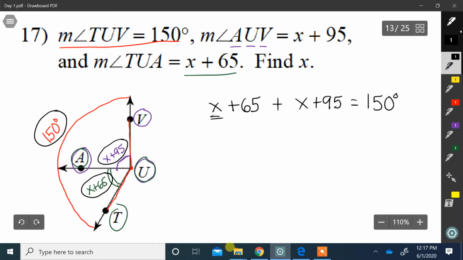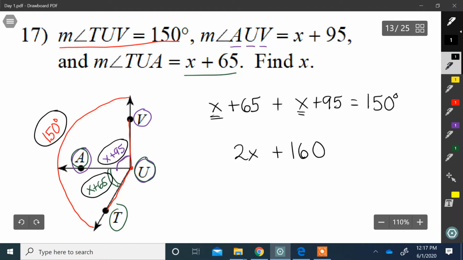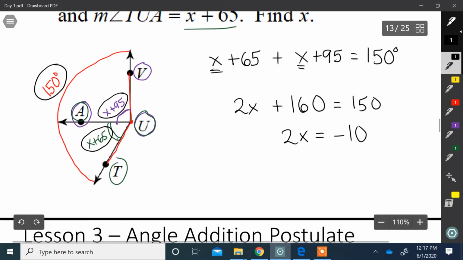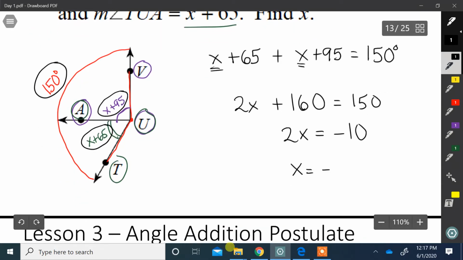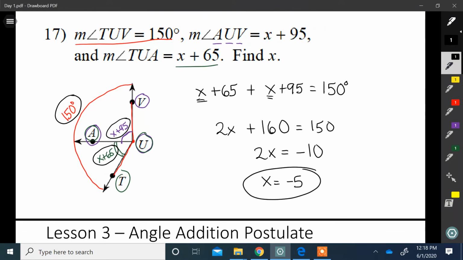We have x plus x is 2x, and then 65 plus 95 is 160 actually, equal to 150. Bring over the 160 to the other side, and you get negative 10. That means x is equal to negative 5 when you divide both sides by 2. That one was a little bit more complicated than the previous one. So let's go ahead and do another example.